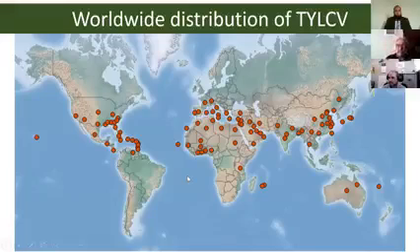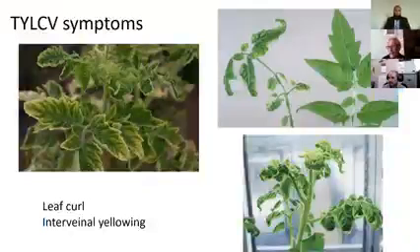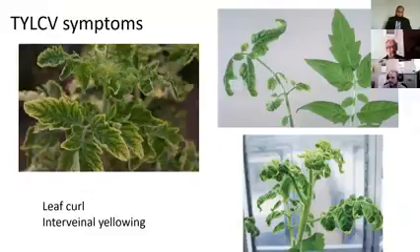TYLCV is almost everywhere. This virus is transmitted by Bemisia tabaci, persistently transmitted. At the beginning, it was thought that this virus is not seed transmitted. TYLCV symptoms are very severe in tomato, and the plants show leaf curling, yellowing, and so on.